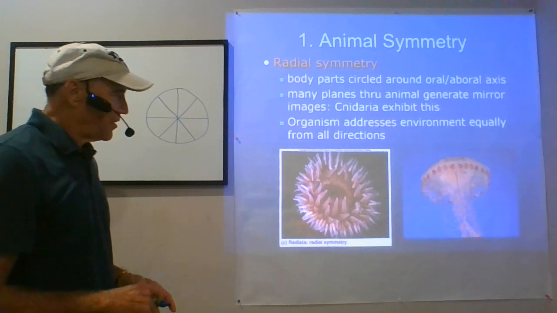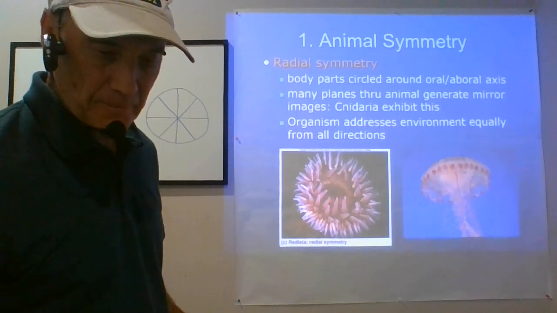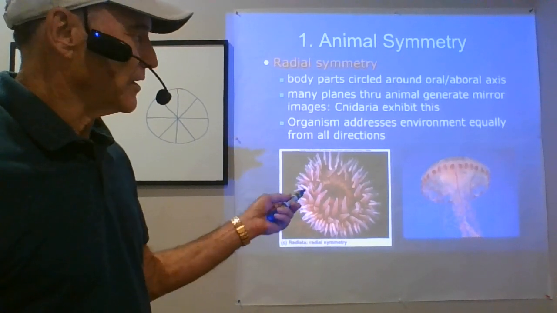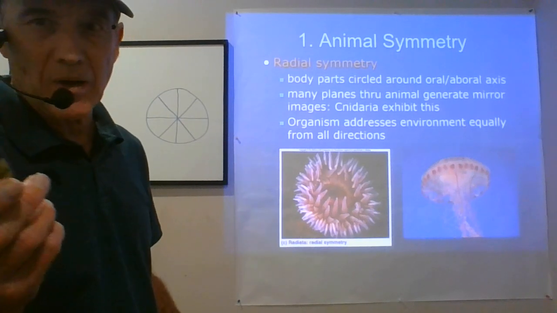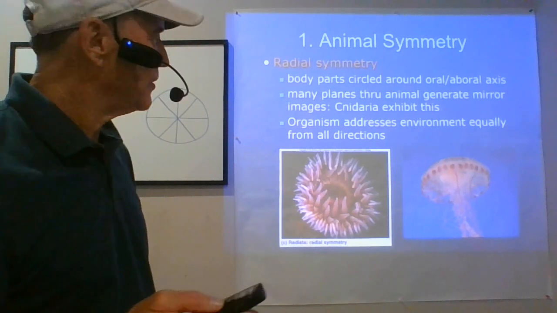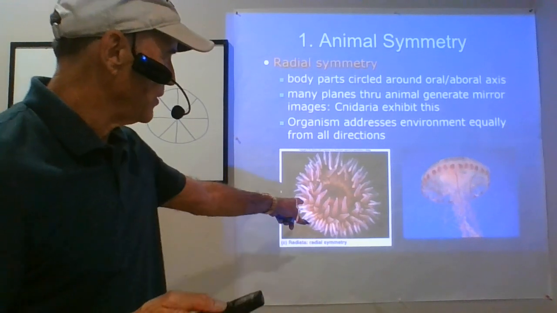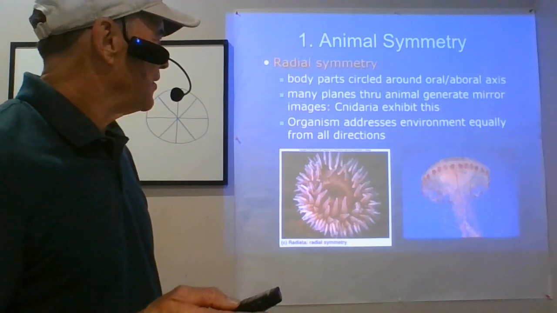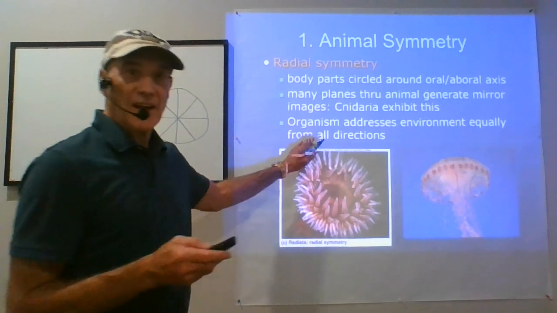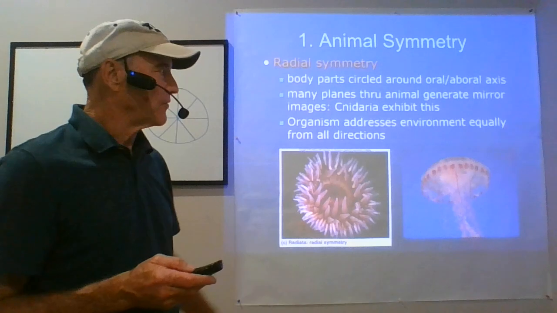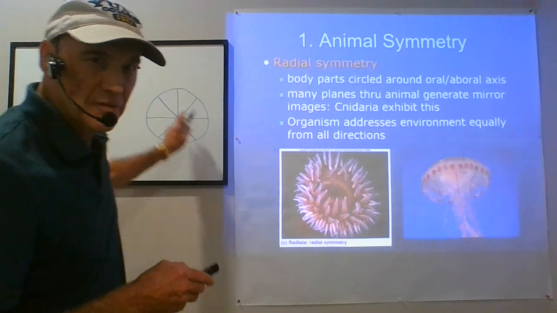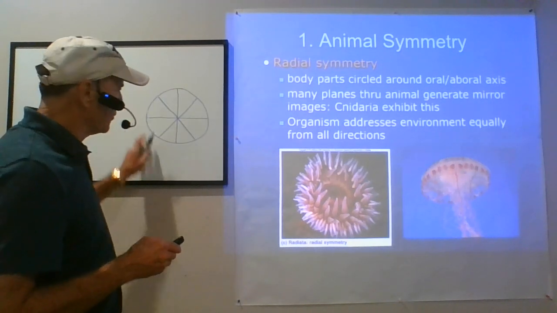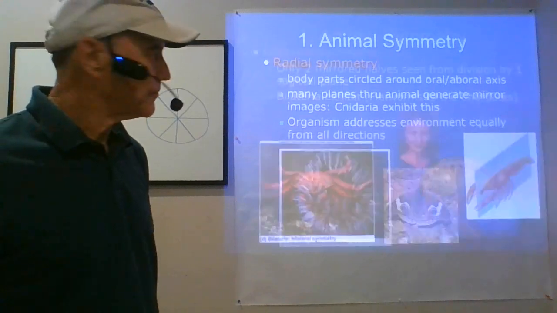Okay. Then that's Cnidaria. So the next phylum up, a little more advanced, Cnidaria, the jellyfishes and sea anemones. The advantage there is organisms can address the environment equally from all directions. Equally from all directions. Okay.